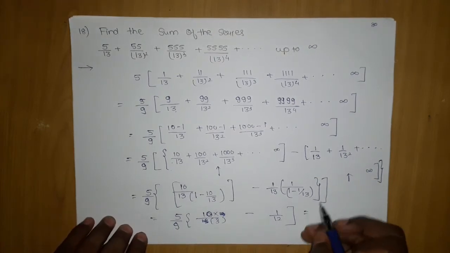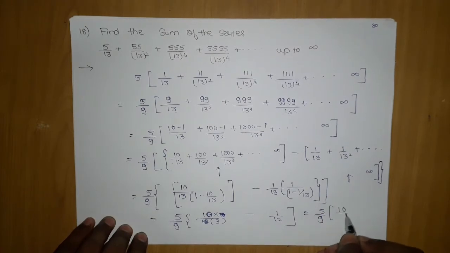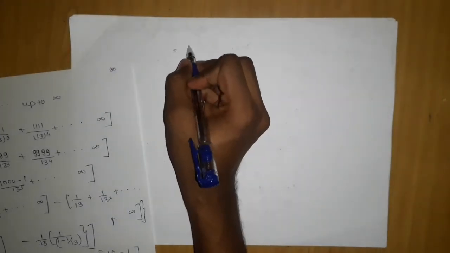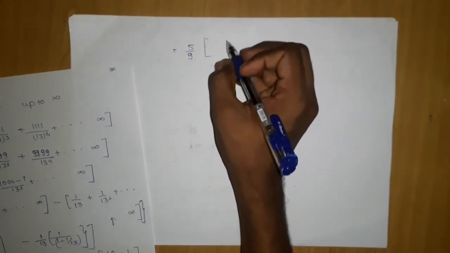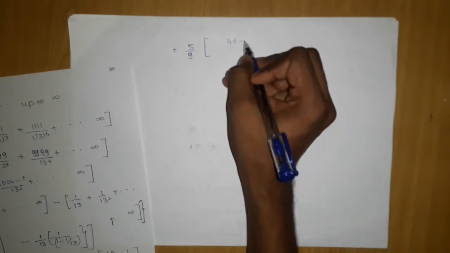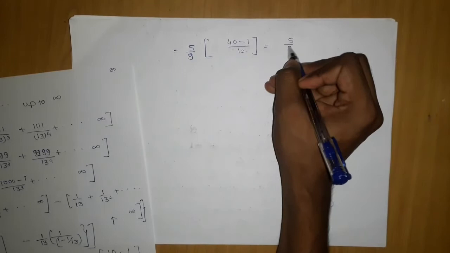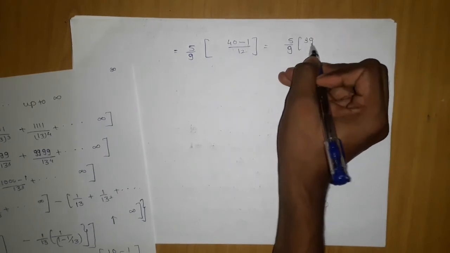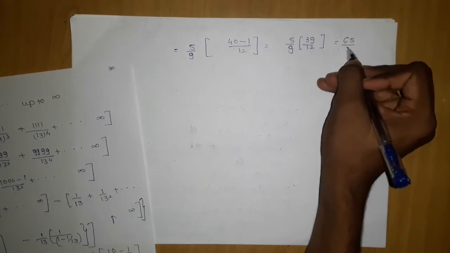So what we are getting finally is 5 by 9 into 10 by 3 minus 1 by 12. Now let's solve this, which will give us 5 by 9, making the denominator same, 40 minus 1 upon 12, giving me 5 by 9 into 39 by 12, finally 65 by 36.